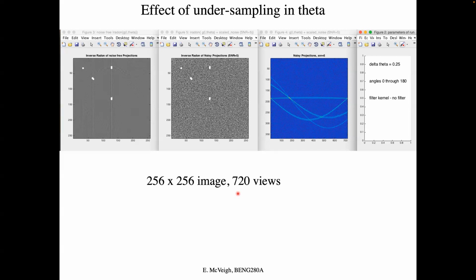I get the same picture. It's just like averaging 2 of them together between here and here. So if I go back 360, 720, the character of the image doesn't change, the artifact and everything. It's just the noise level is going to go down because we're just averaging more projections together.